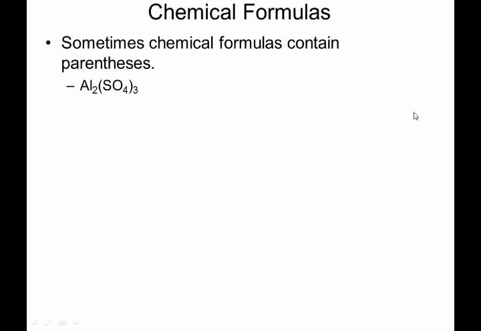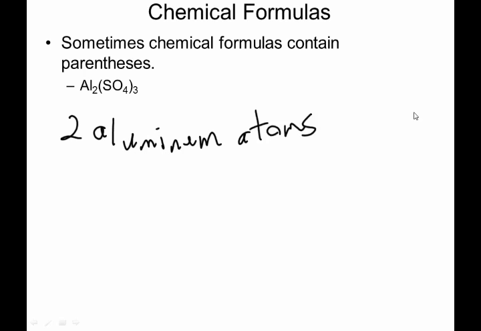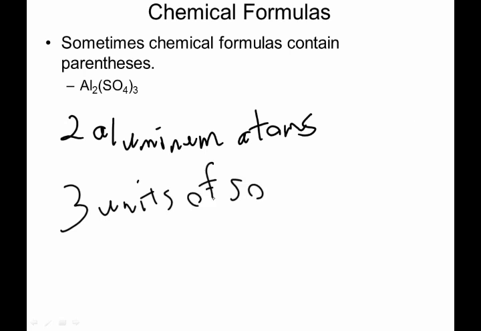We'll be able to explore a little bit later why it's in parentheses, but for right now, just accept that what we have here is 2 aluminum atoms, and 3 units of SO4. So that means that overall we have 3 sulfur atoms and 12 oxygen atoms, because this SO4 unit is repeated 3 times.